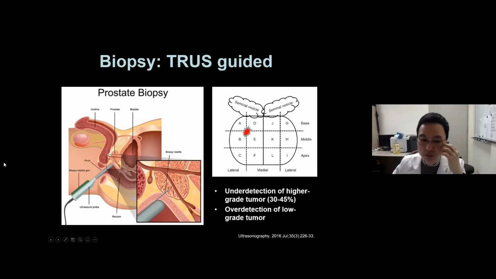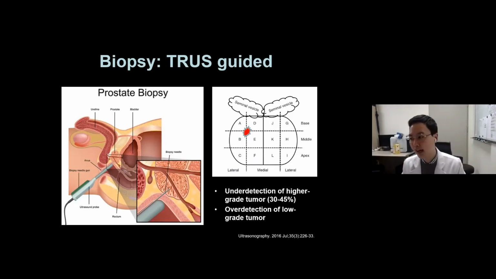Secondly, if it arises from the midline, there can be undersampling due to avoiding the urethra. Also, apex lesions are often inaccessible by this transrectal route.